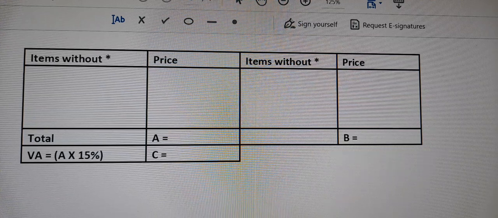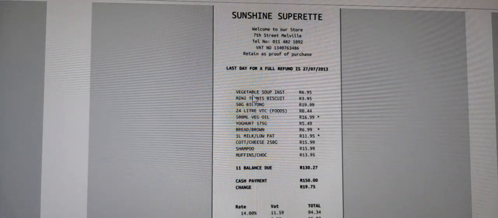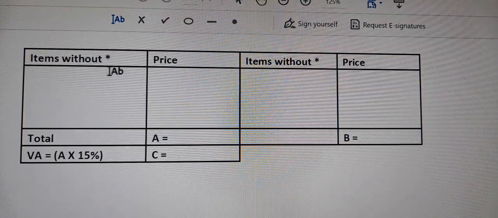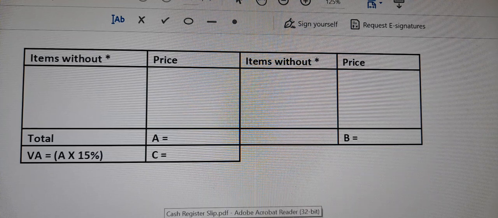So now let's go back to the slip. So we have the items. For example, we have 1, 2, 3, 4, 5, 6, 7, 8 items without an asterisk. So we will go to this table and list these items here, which means we will put their names.